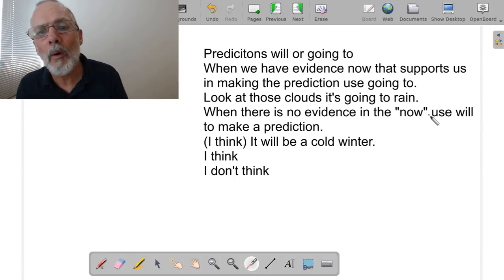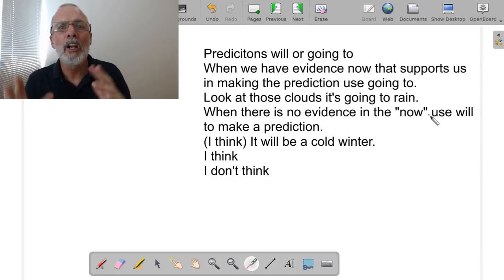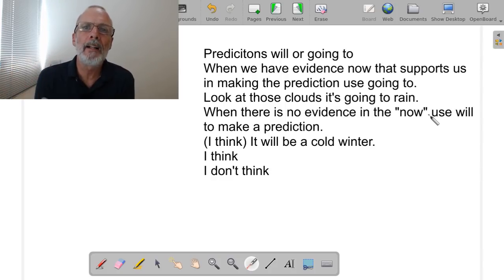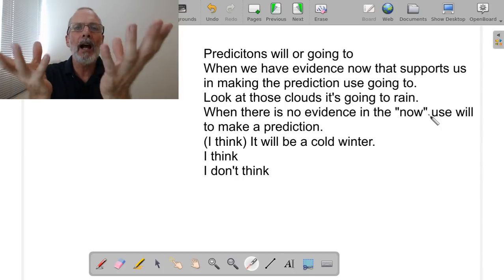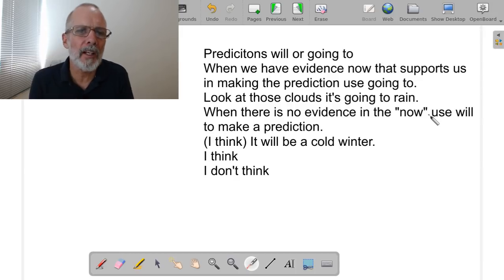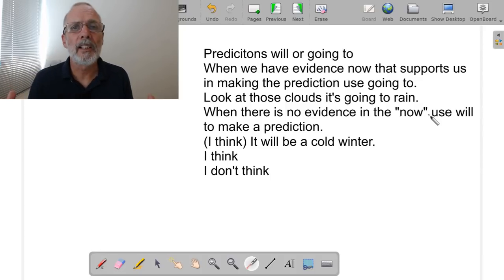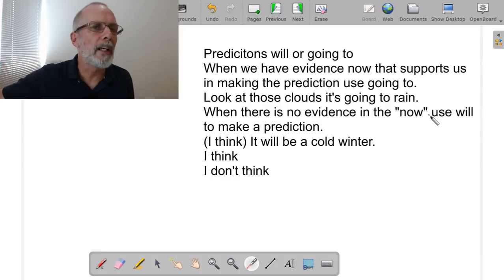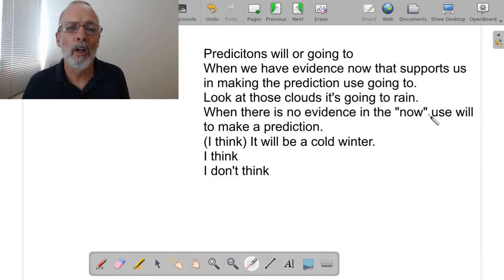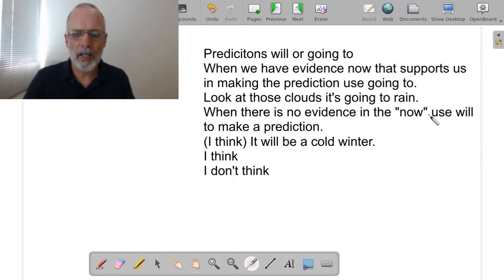But when there is no evidence now, you use will. Or maybe it's better to say, you cannot use will to make a prediction if you have evidence now. Actually, sometimes it's ambiguous. I could say, for example, I think prices are going to rise next year, or I think prices will rise next year. In that case, both of them are correct, because it really depends if I have evidence now.